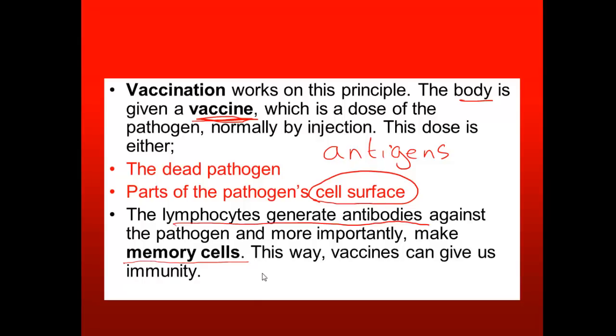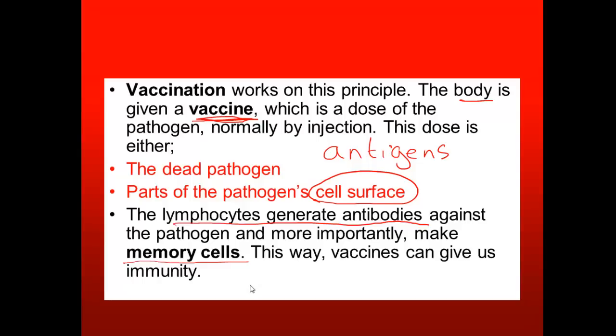And what do we say about those memory cells? Well, they would last in the body for a long time. And that way, the next time your body meets the antigens from this pathogen, it will recognize it because we've got those memory cells. And very quickly, we can make more antibodies against it. And that's the way that vaccines give us immunity.